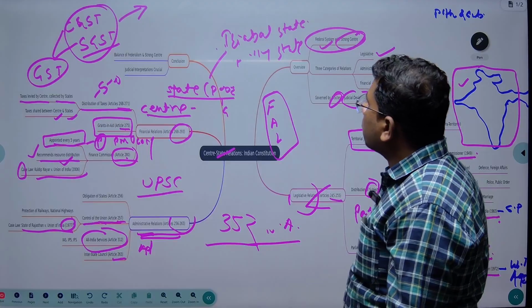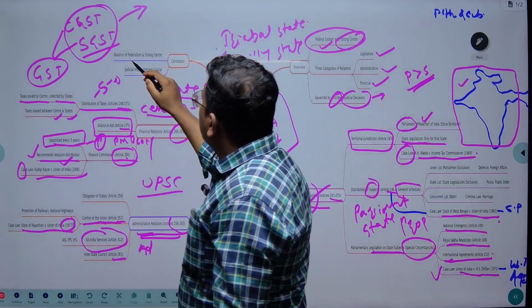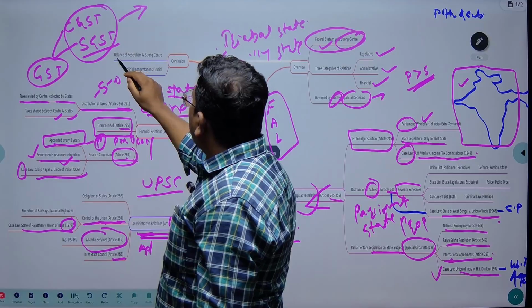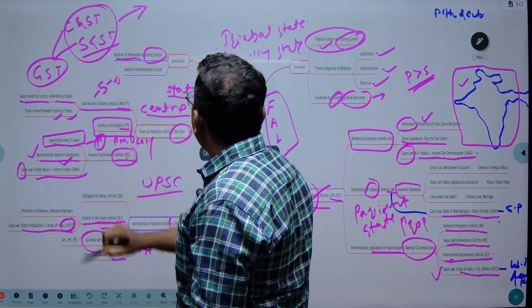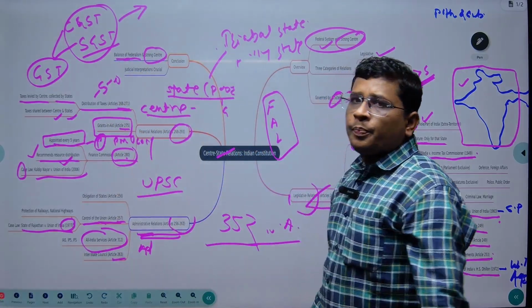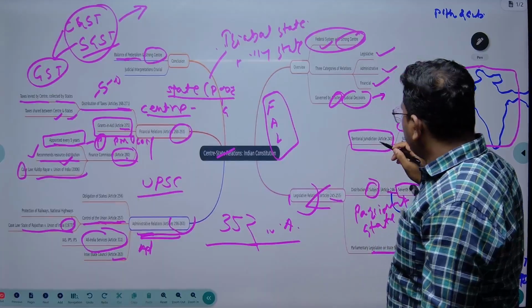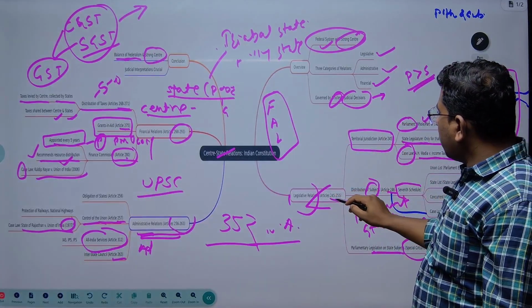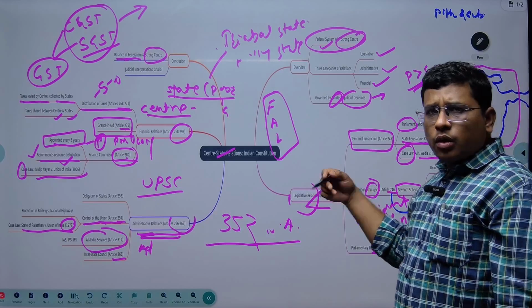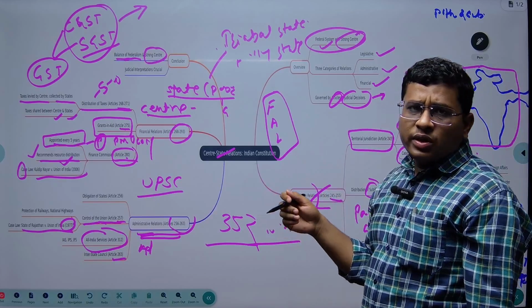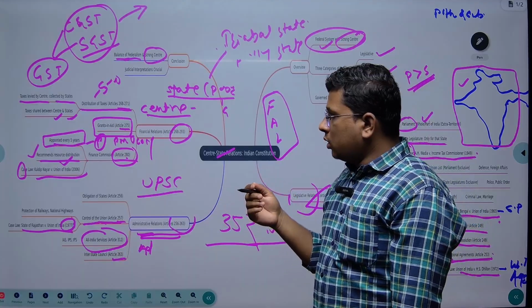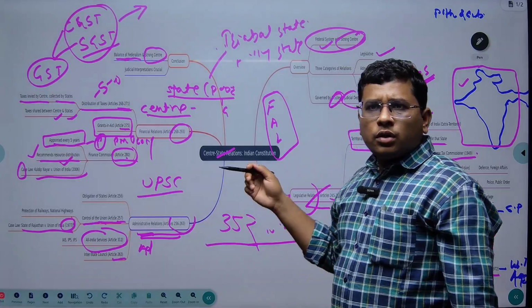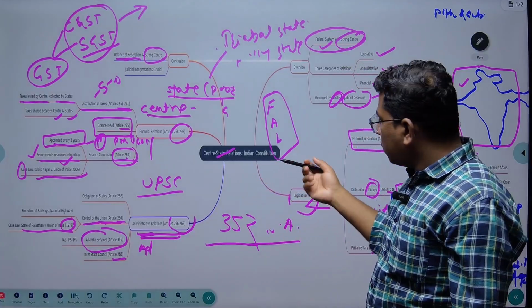So in conclusion, we see the center-state relation balances federalism with a strong center, right? It means in legislative relation, the center can make laws on the state subject, the center has absolute right over the union list, and the central law prevails in the concurrent list, right?